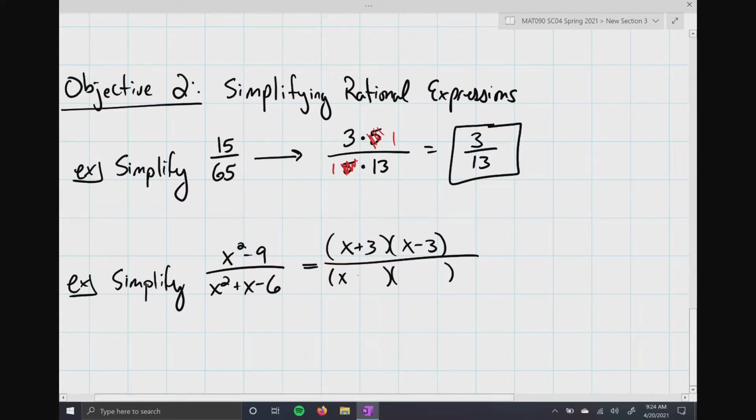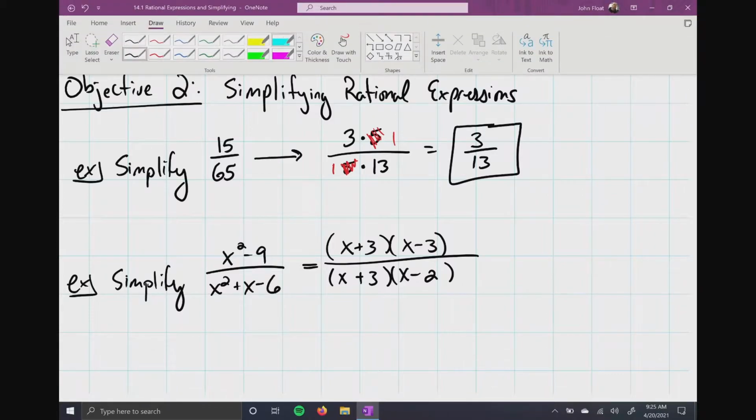So I copy down the first sign, subtract. I'm going to get 3 and 2. Oops, forgot to write my x. There we go. So now, just like in the previous example, I'm going to look for factors that are the same in the numerator and denominator. That occurs right here.